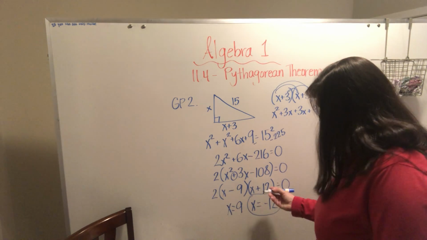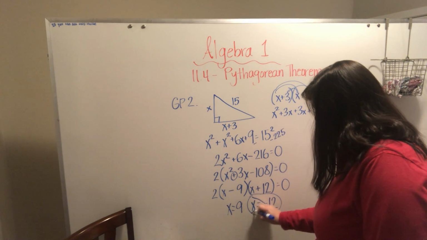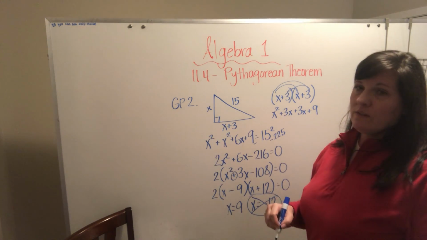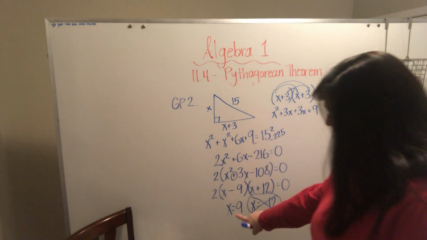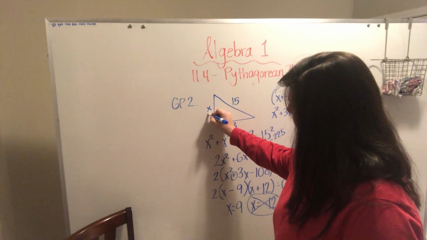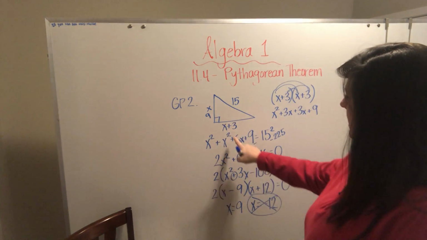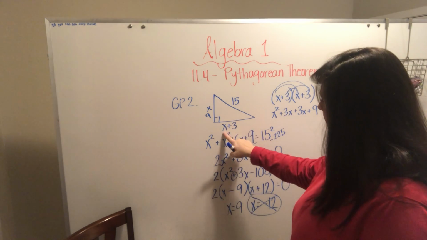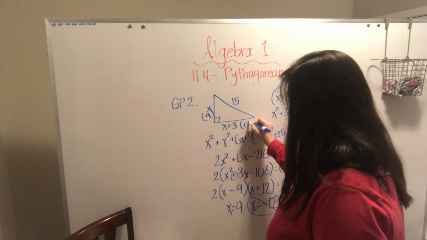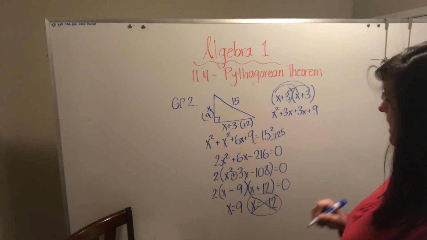What it means is this is not x. You cannot have a side length of a negative number. What you can see is that if I go back here and call x 9, then 9 plus 3 does give you 12.